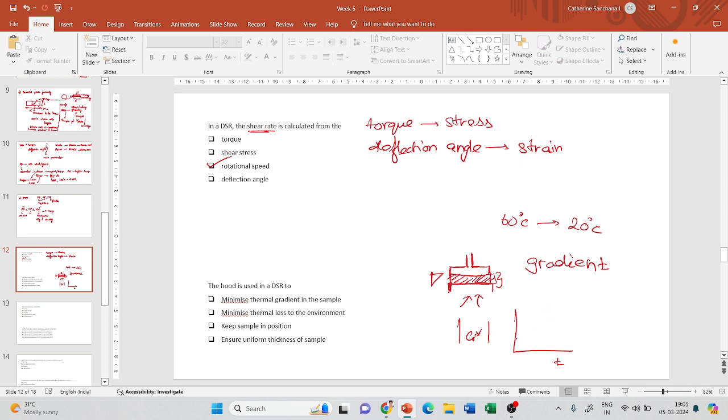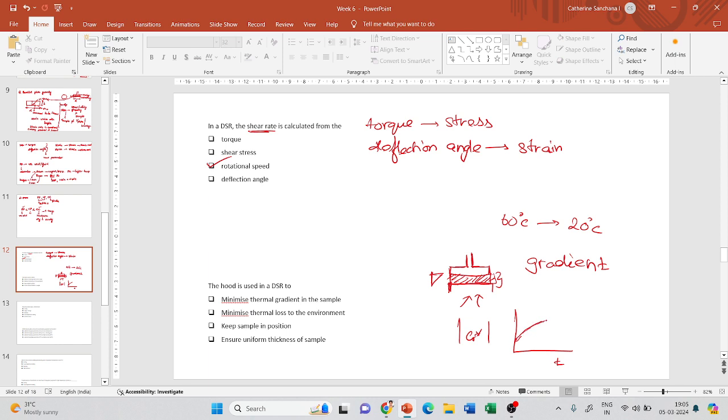So with time the modulus will keep on increasing, because the entire sample is attaining thermal equilibrium. Until then, at least some portion of it, maybe the top portion, was at a temperature of 60 degrees Celsius, because here I am saying that only the lower portion controls and provides the temperature to the sample.